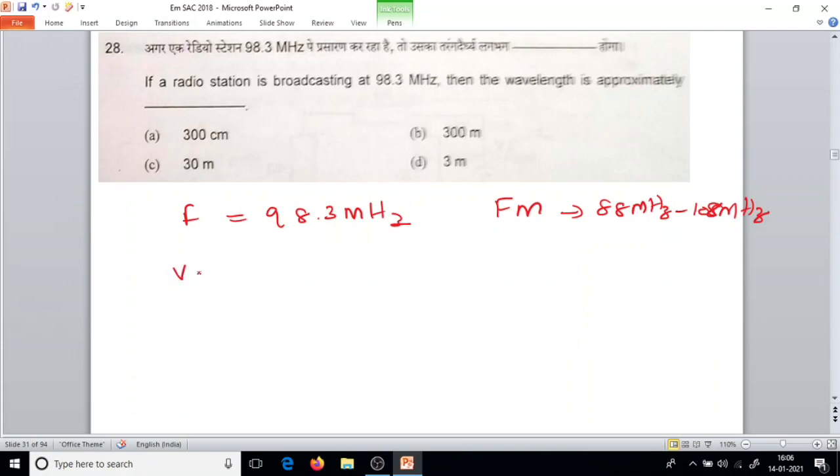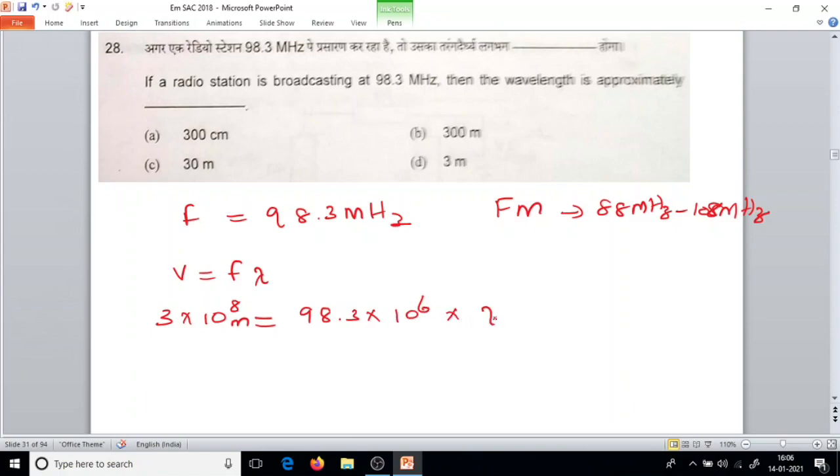Now what is the velocity? Velocity is given by f lambda. What is the velocity of light or any EM wave? 3 into 10 to the power 8 meter per second. Frequency is given as 98.3 megahertz, so I can write 98.3 multiplied by 10 to the power 6.